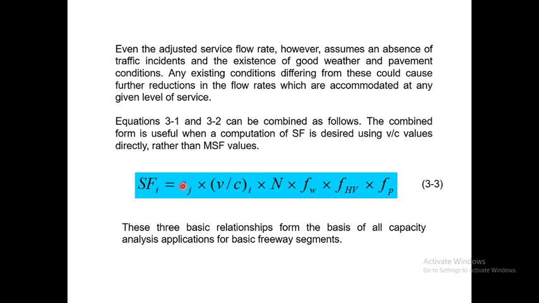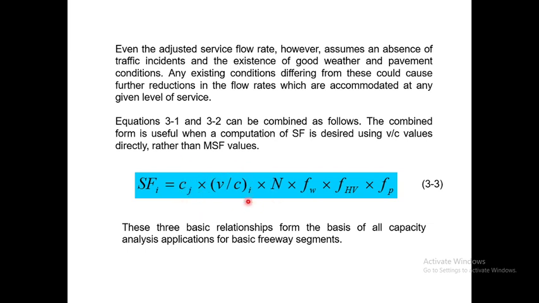Remember, we just mentioned we have only two values for this CJ: 2000 if the speed was 70 or 60, and otherwise 1900. Only two values. Most of the time we use 2000, because speed is given information in the problem, and most of the time it is 70. So most of the time we use 2000 for CJ.